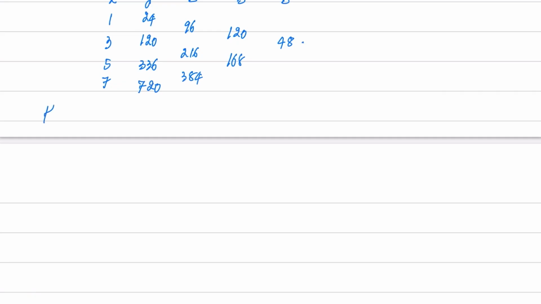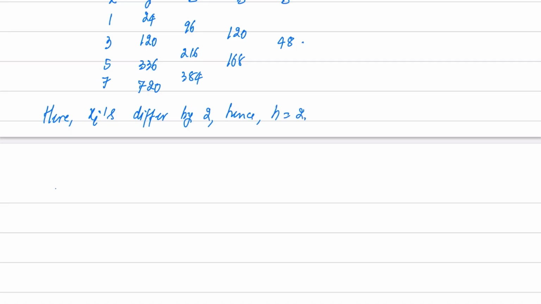Now here these xi's differ by 2, hence our h is equal to 2 here.